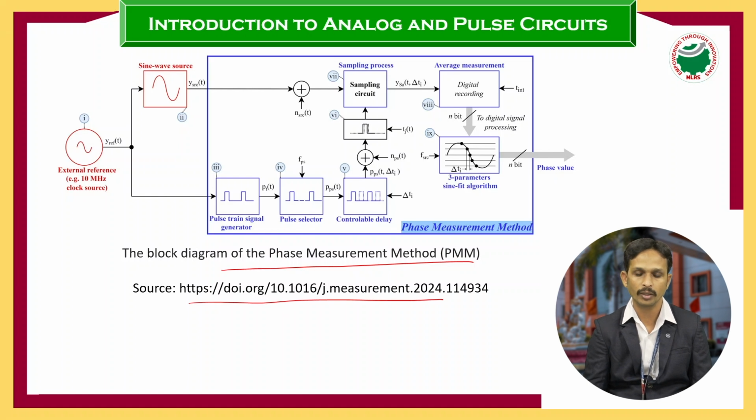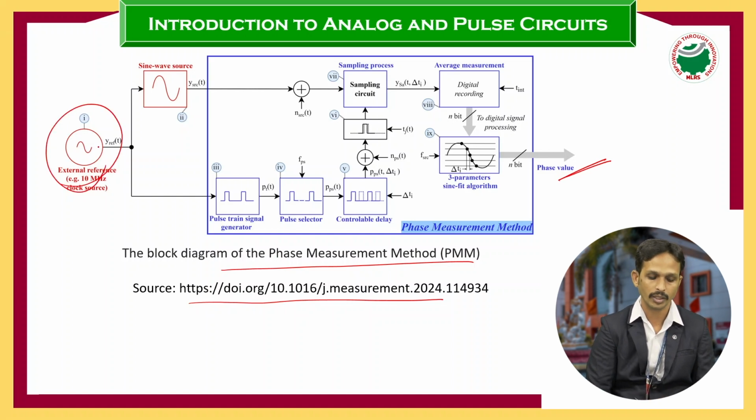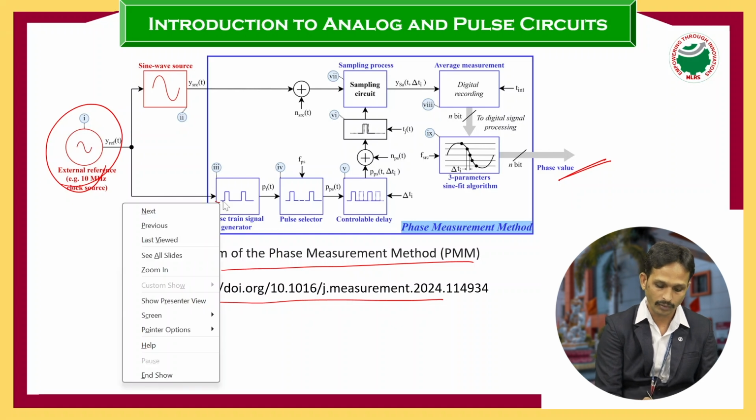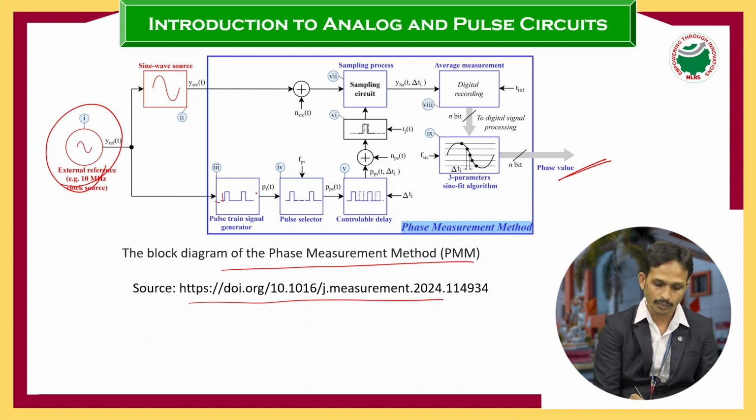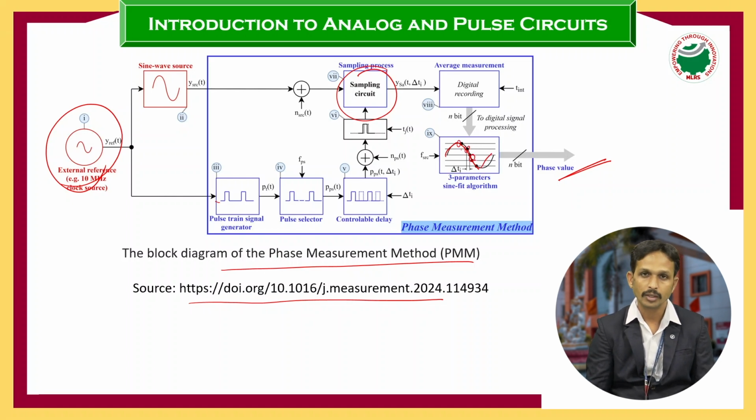In this method, to measure the phase of a given input signal, the input signal is an analog signal, and we also give some pulse signals. When we give the pulse signal, it goes to the sampling circuits. Where it is triggering, there we can calculate the phase of the signal.